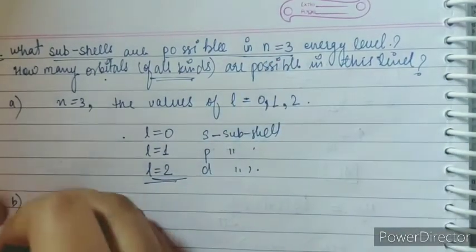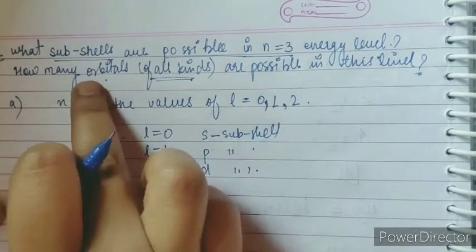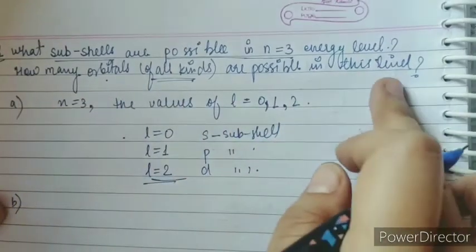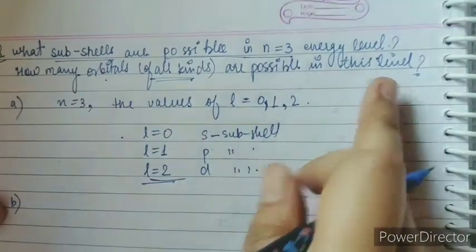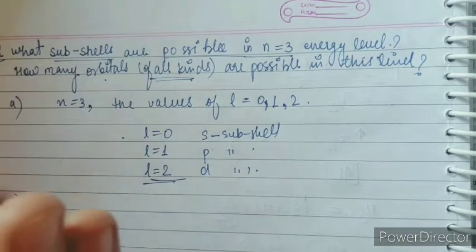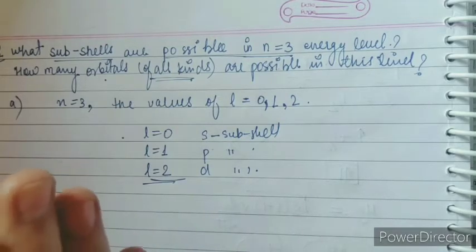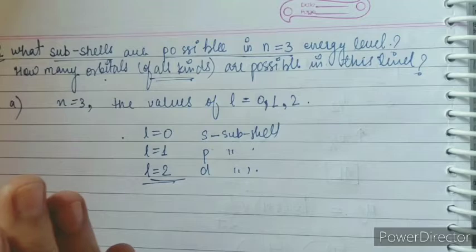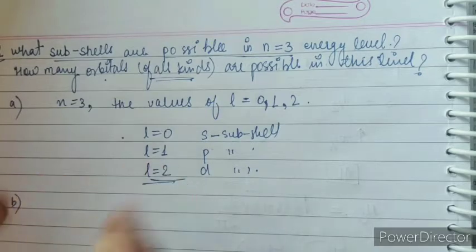The second part is how many orbitals are possible in this energy level. The number of orbitals for n equals 3 are one s, 3 p and 5 d, making the total 9 orbitals.